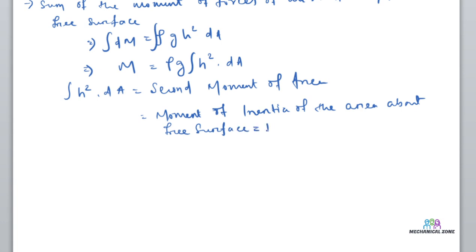We can take this as I0. So our M will become rho g I0, which is equation 2.